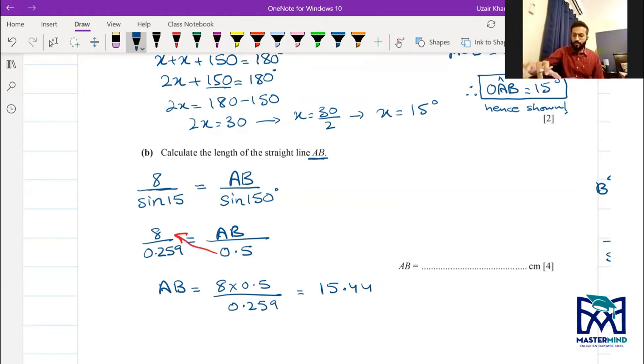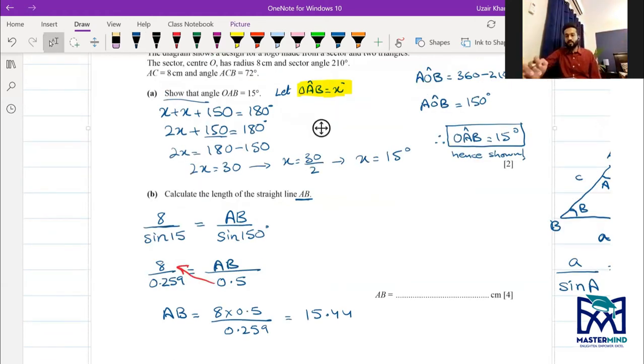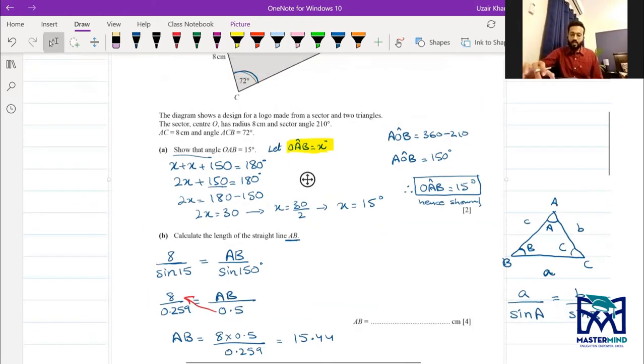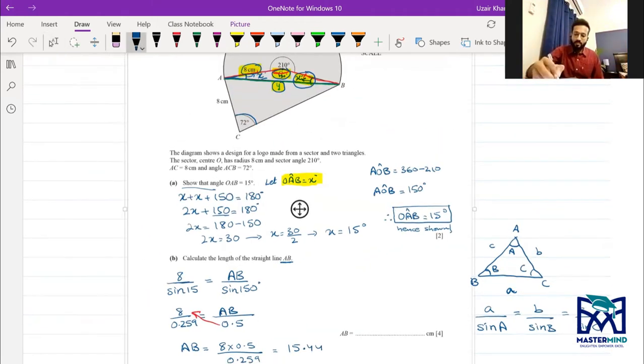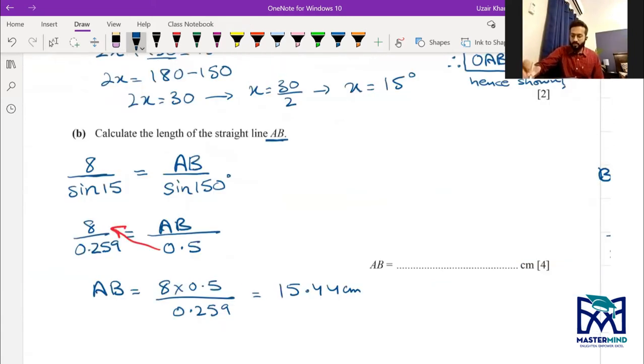Because it's a length, we need to check for the unit, and it happens to be centimeters. So the length of AB is 15.44 centimeters. Over here, the unit is already given, so you don't need to worry about putting it down.